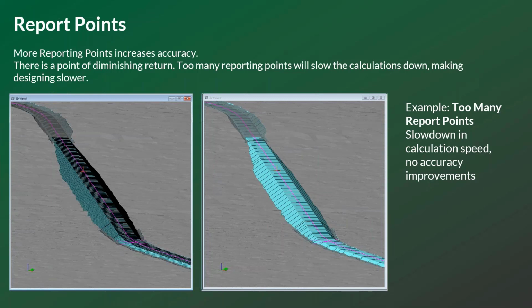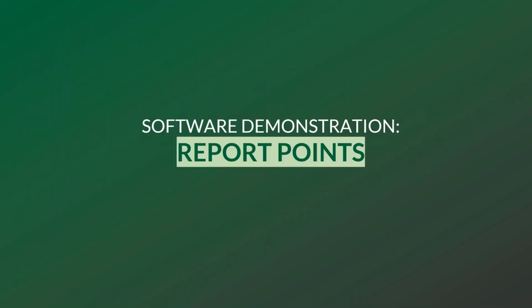So something like the more reasonable, larger spacing of report points on the right is still going to lead to very accurate volume calculations, but your software is going to be much, much, much faster. So with that, back to Matt.